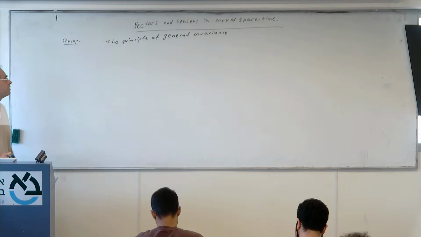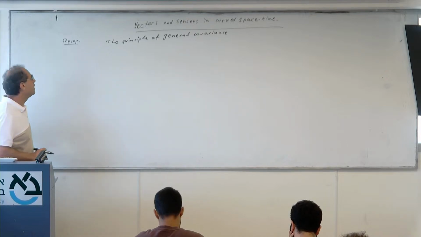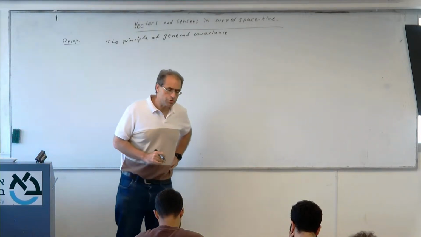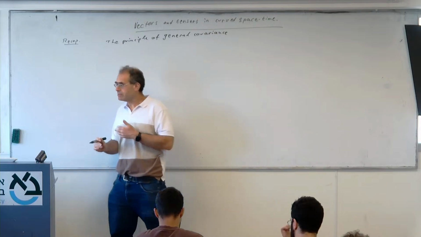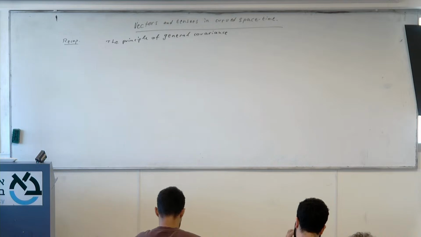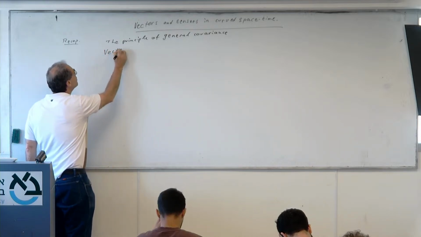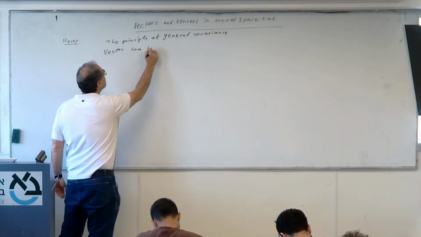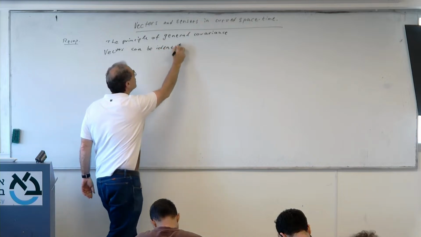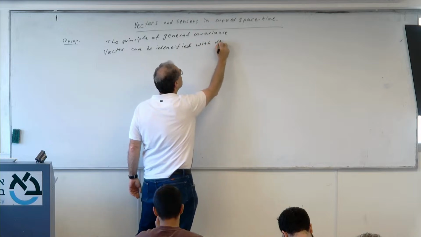But for that, we needed to understand what we mean by vectors in curved spaces. And we spent the whole last lecture with some more abstract mathematical structures, just to make a very simple claim that vectors can be identified with directional derivatives.